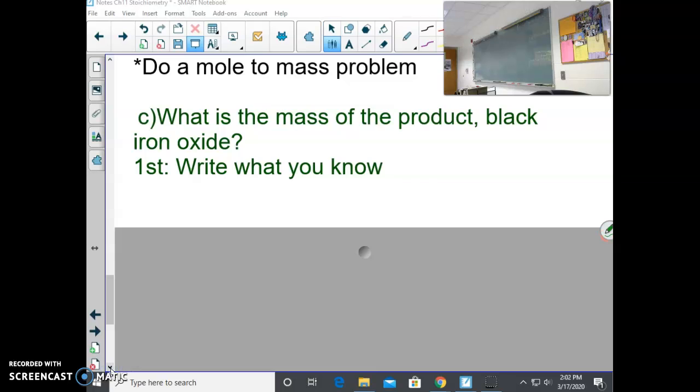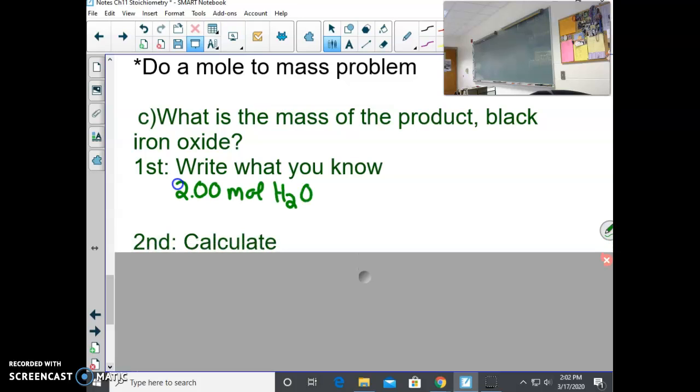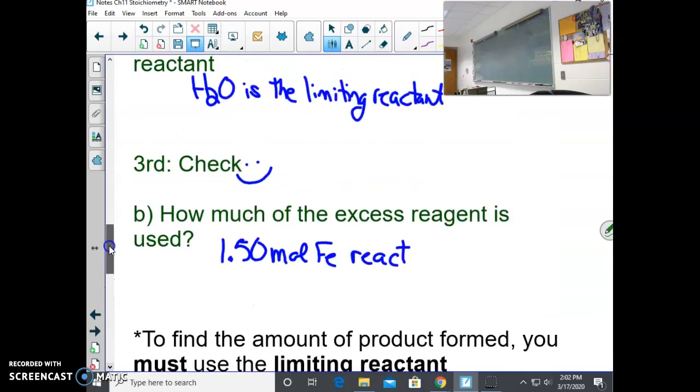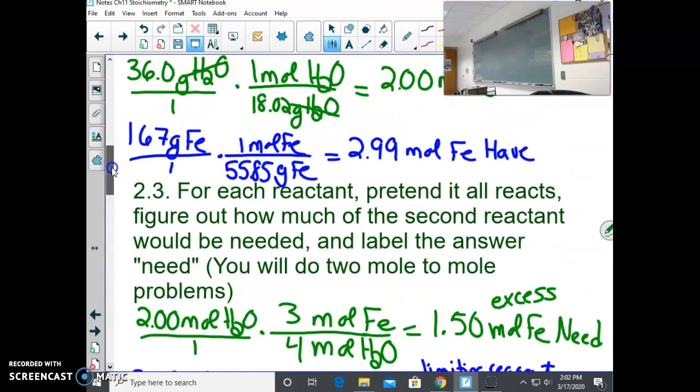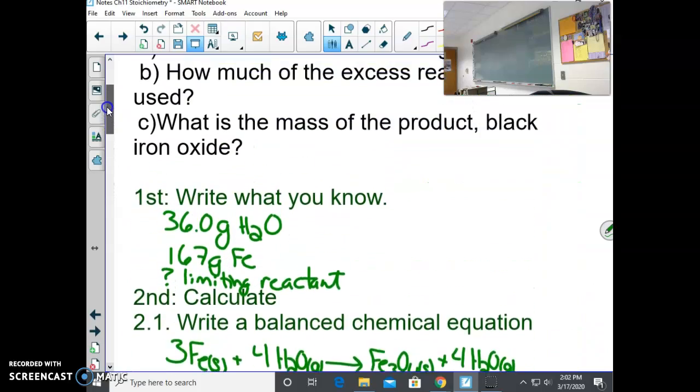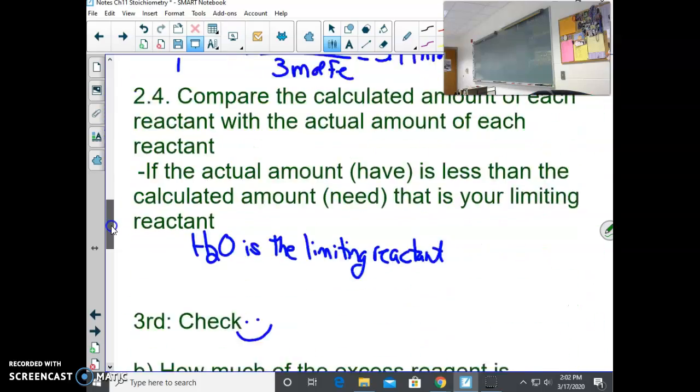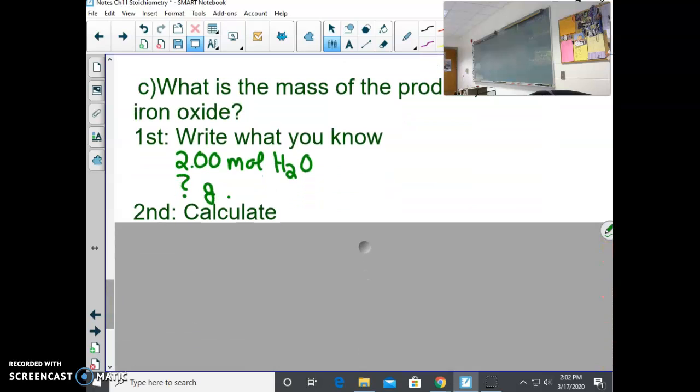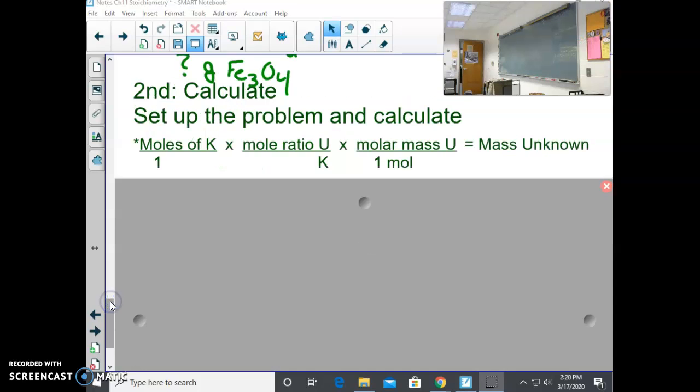Okay, you know that we have 2.00 moles of water, and we're trying to find the number of grams of black iron oxide, which is Fe3O4. So then we're going to set up our problem and calculate.